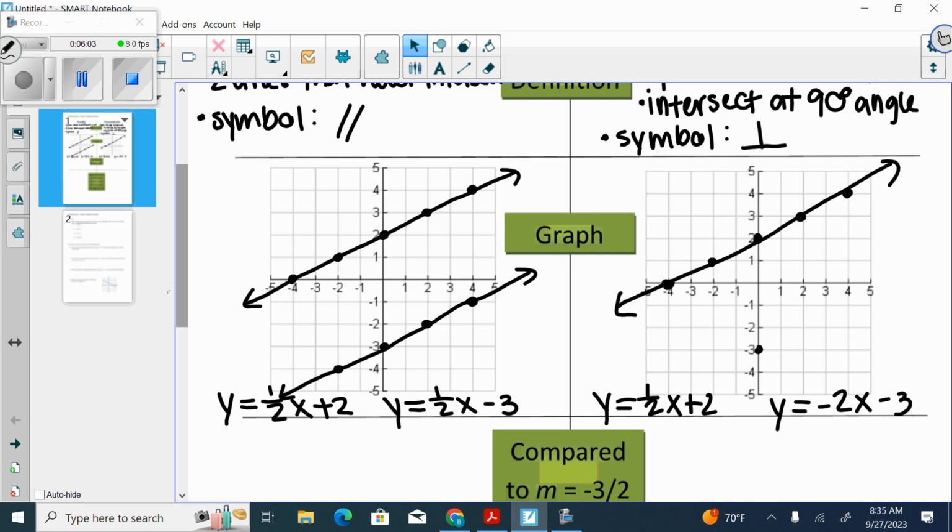So if I put myself a point at -3, and my slope is -2, what does that mean I'm going to do to plot my remaining points? Where will I go? Down 2, and then right 1.